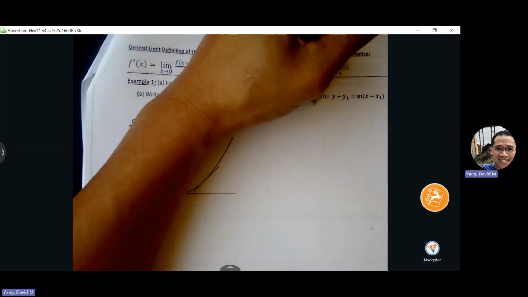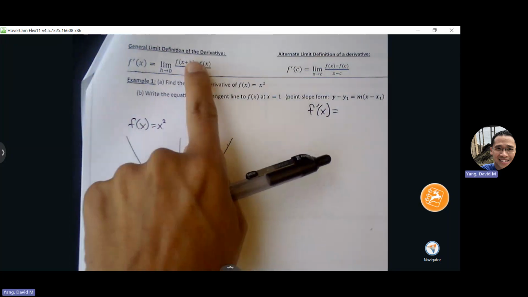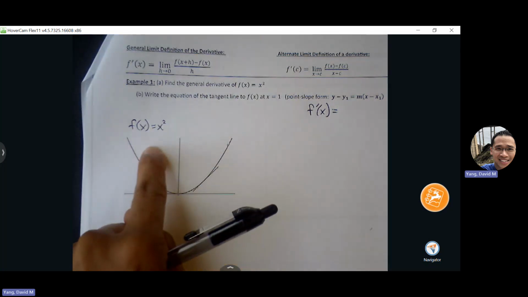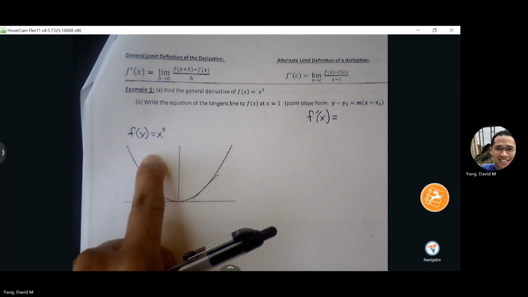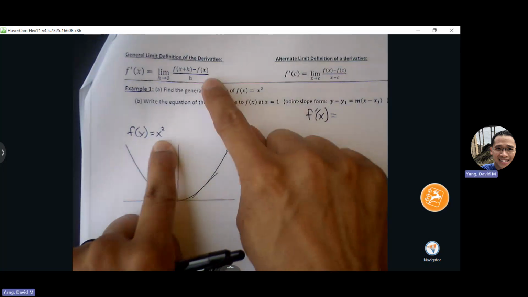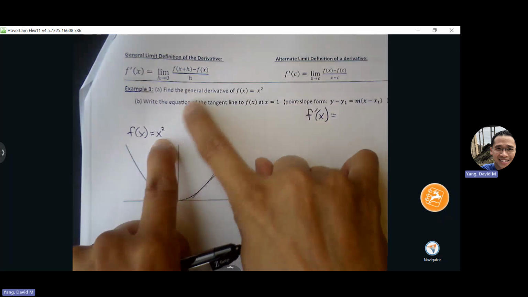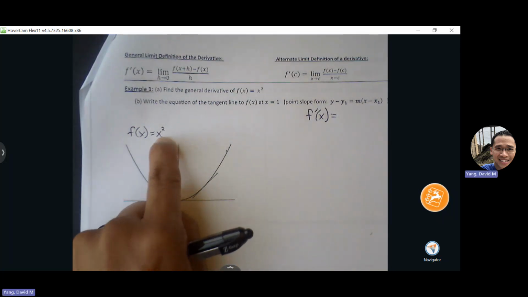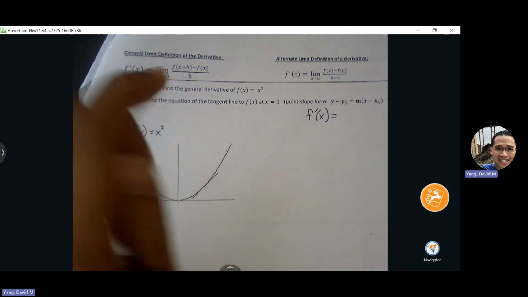So off to the side here, I'm going to say f prime of x is equal to, and I'm going to start building my limit notation definition for this function. Now, x squared can replace f of x. That's an easy replacement. But what is the replacement for f of x plus h for x squared?